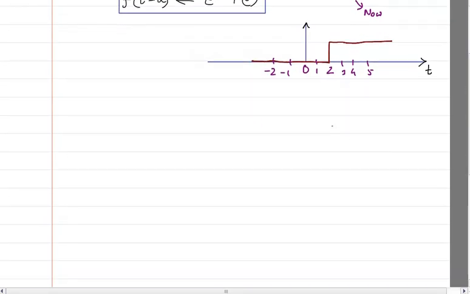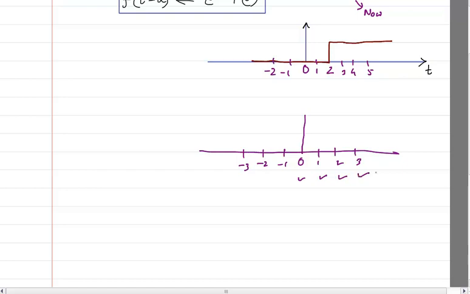For understanding that, let me draw here. So this is now, and this is 1, 2, 3. Let this be -1, -2, -3. So this is 0 second, then comes 1 second, then 2 second, then 3 second.